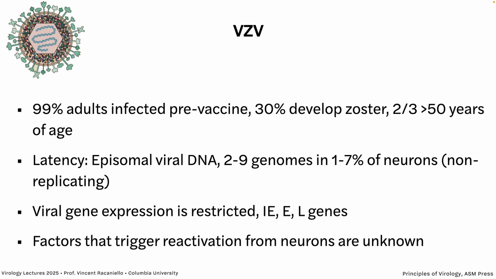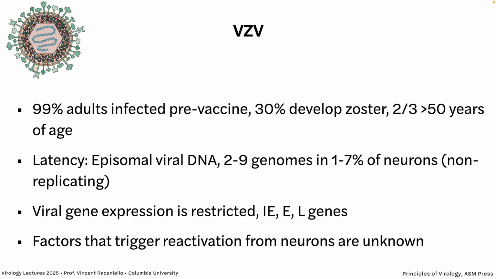Before we had a vaccine, and we do have a vaccine right now, 99% got infected and 30% developed zoster, and two-thirds of them are over 50 years of age. Some young people develop zoster too, if they're immunocompromised or immunosuppressed, but most people develop zoster as they age.